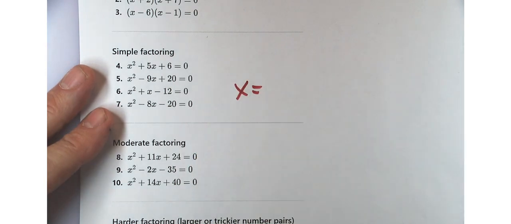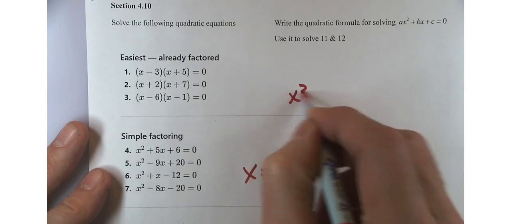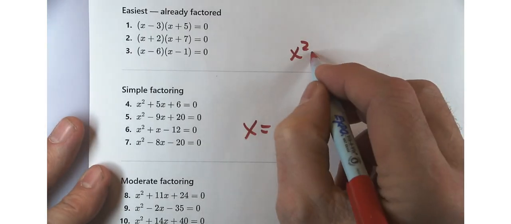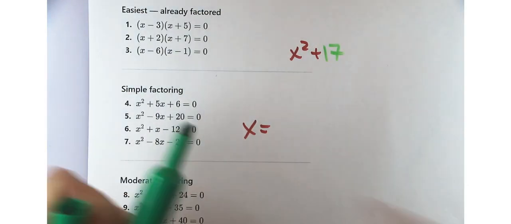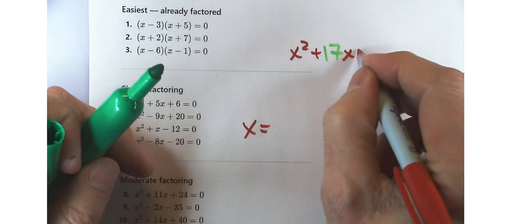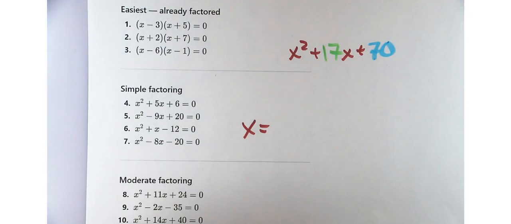Quadratic formula. So we've got x squared plus 17x plus 70 equals 0.